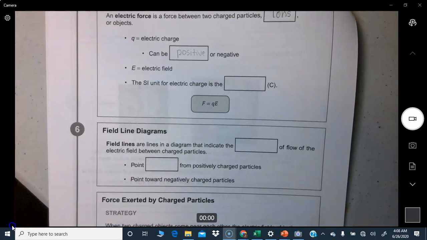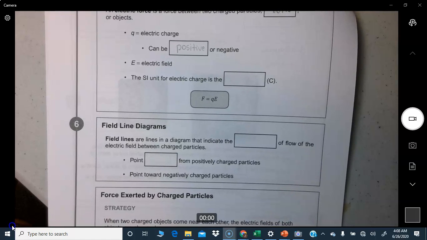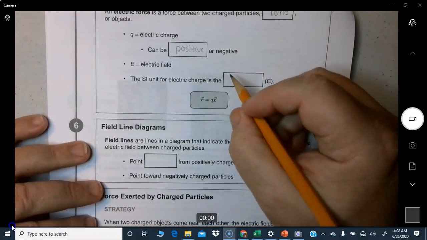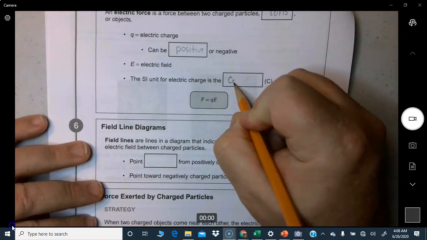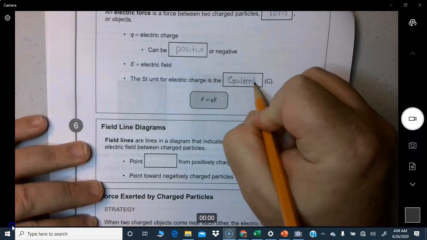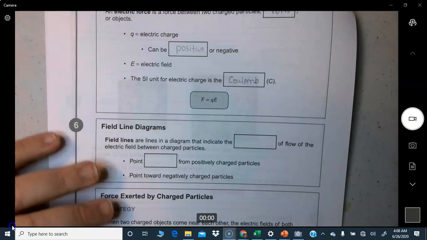The SI units, that stands for System International. It's French. International system. It's really a name for the metric system. The SI unit for electric charge is the coulomb, which is abbreviated with a capital C. Simply the name of a scientist.